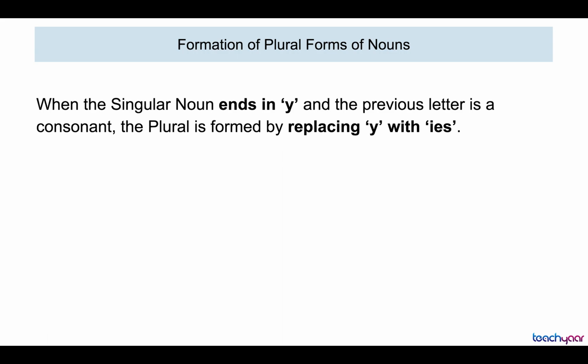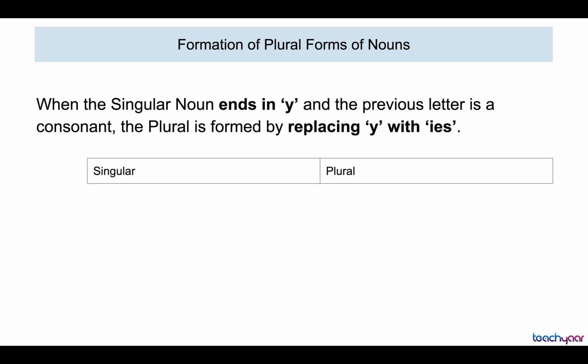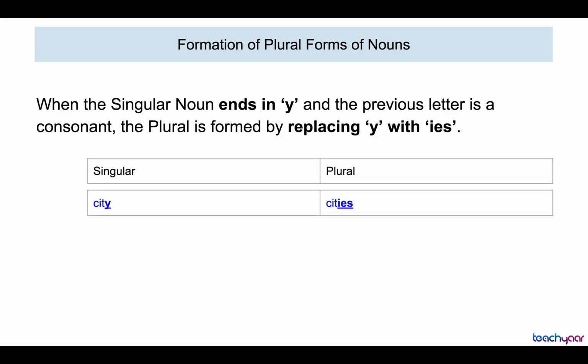When the singular noun ends in Y and the previous letter is a consonant, the plural is formed by replacing Y with IES. Let's take a few examples. City, C-I-T-Y. Now it ends in Y, and what's the second condition?